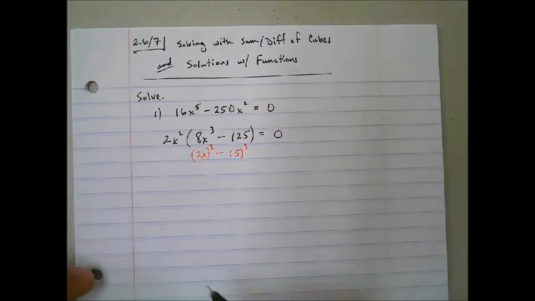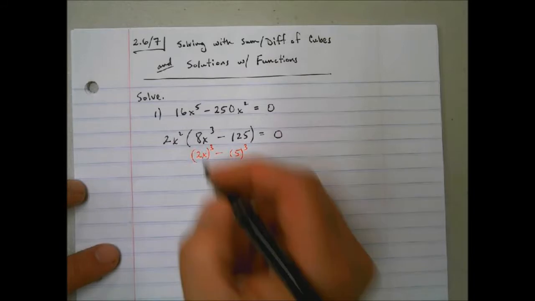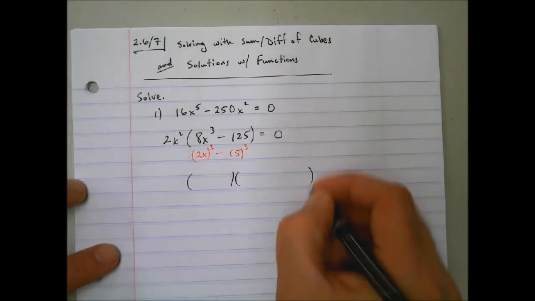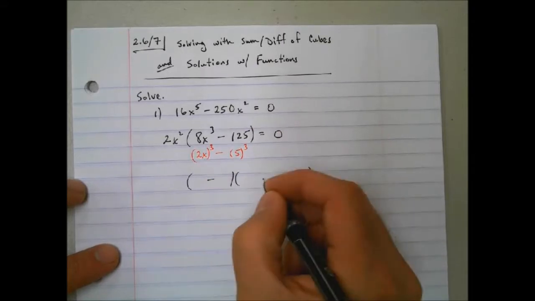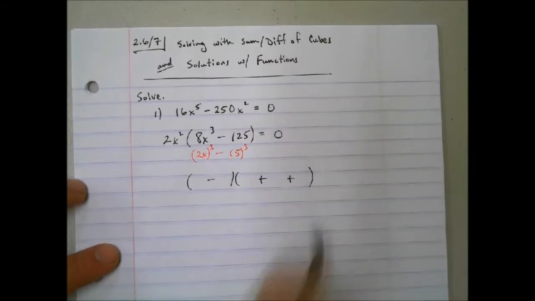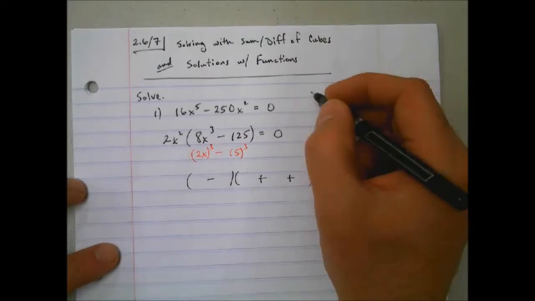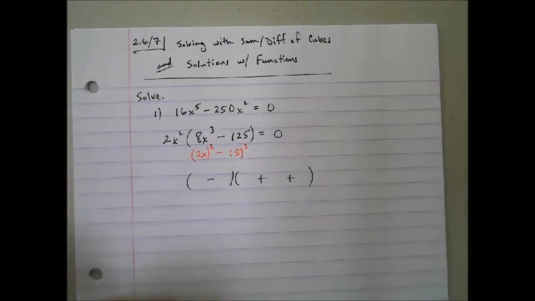Remember, SOAP: same, opposite, always positive. So we've got the same minus, opposite, and always positive. Okay, don't forget the sum and difference of cubes formula.